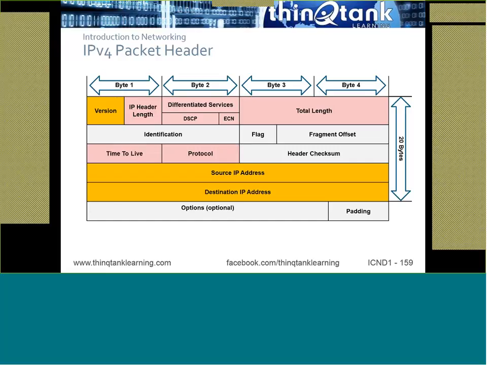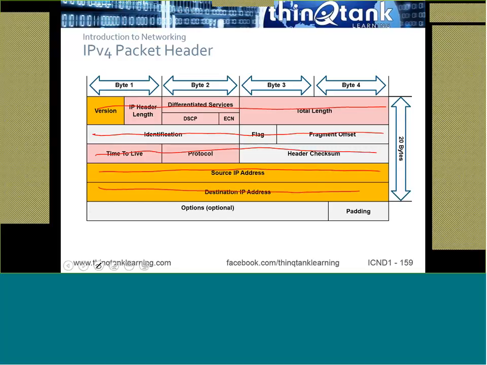So the total amount of information contained in an IP header is 20 bytes. You read the lines from left to right. So this is the first byte, second byte, third byte, fourth byte, fifth byte, sixth byte, seventh byte, eighth byte, 9, 10, 11, 12, 13, 14, 15, 16, 17, 18, 19, and 20.